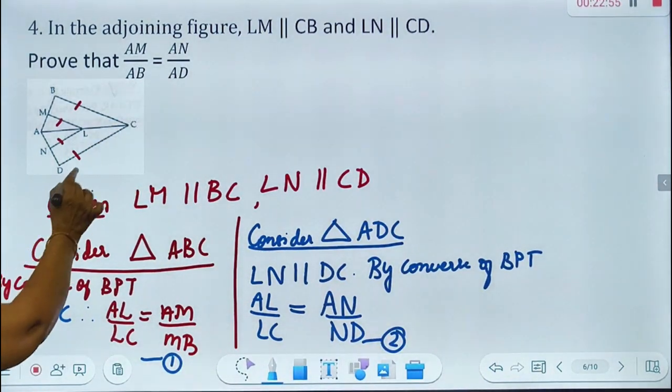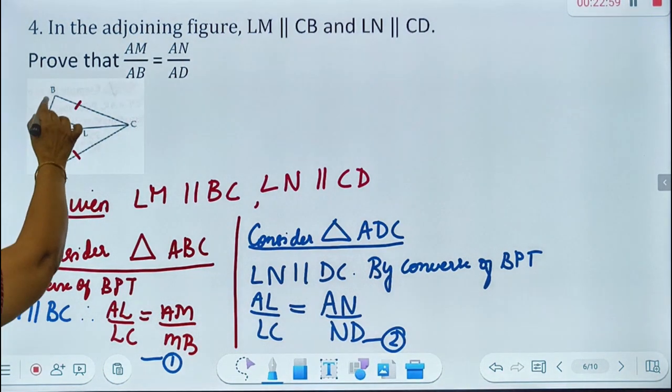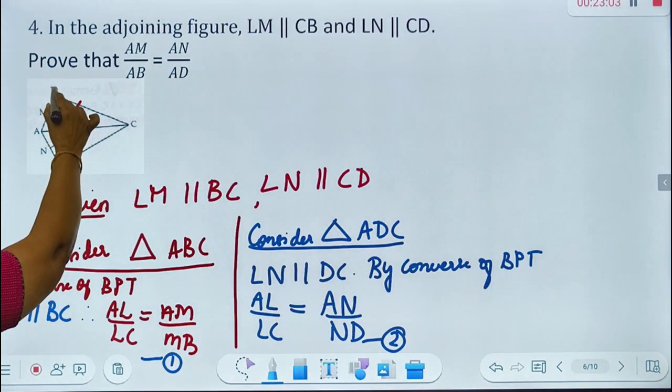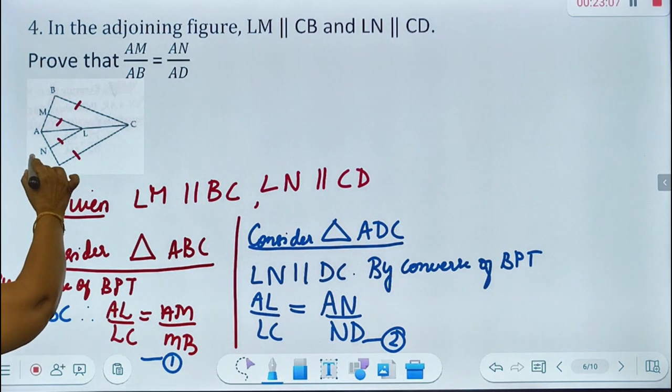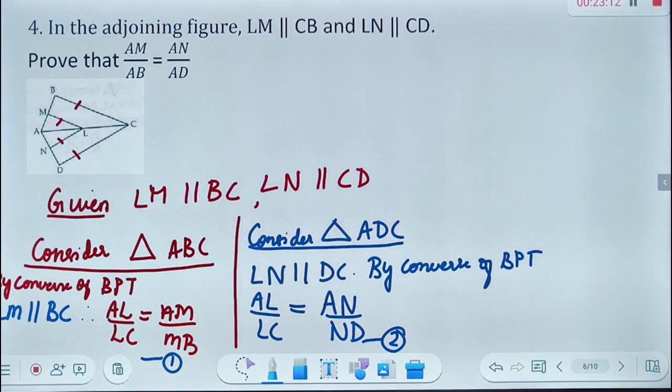So I have looked at this triangle. AL by LC is AN by ND. If I look at the triangle ABC, AL by LC is AM by MB. Both these are by virtue of the fact that NL is parallel to DC and LM is parallel to CB, and we are applying the converse of BPT.